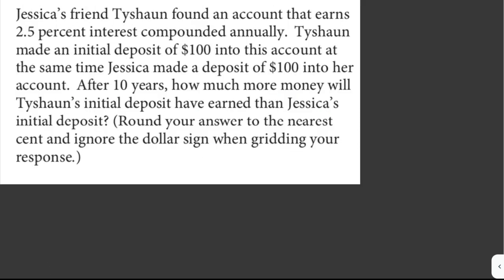Okay, let's solve another problem here. Jessica's friend Tishon found an account that earns 2.5% interest compounded annually. Tishon made an initial deposit of $100 into this account. At the same time, Jessica made a deposit of $100 into her account.